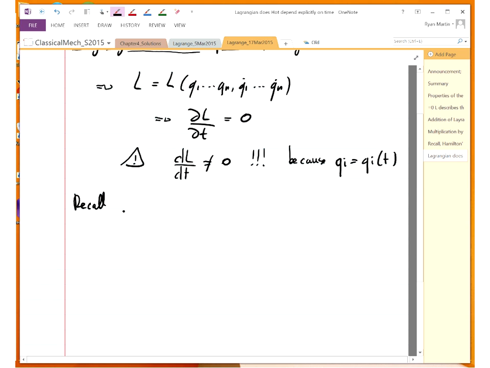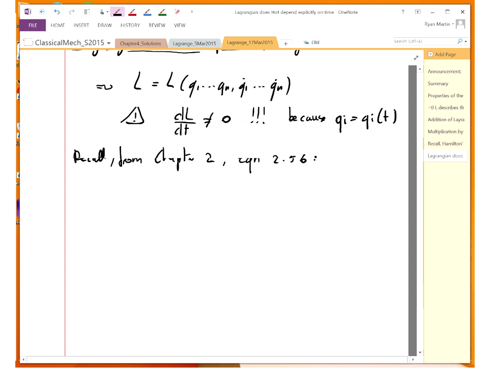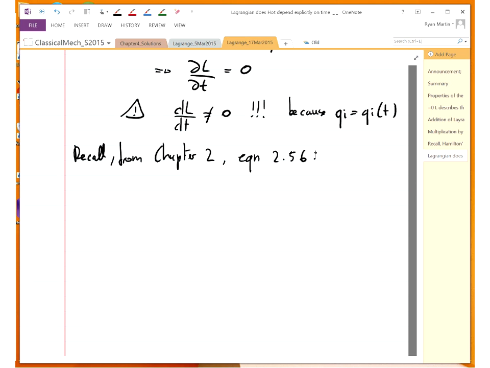So recall from chapter 2, which was equation 256, what we did is we took the Euler-Lagrange equation.